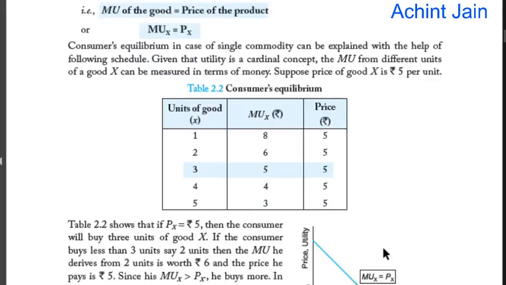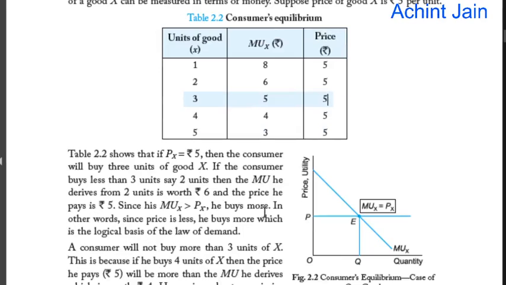On the diagram, the x-axis is the quantity of the product, and the y-axis shows price and utility. Quantity runs 1, 2, 3, 4, 5, 6, and price is 5. At the third unit the price line is at 5.